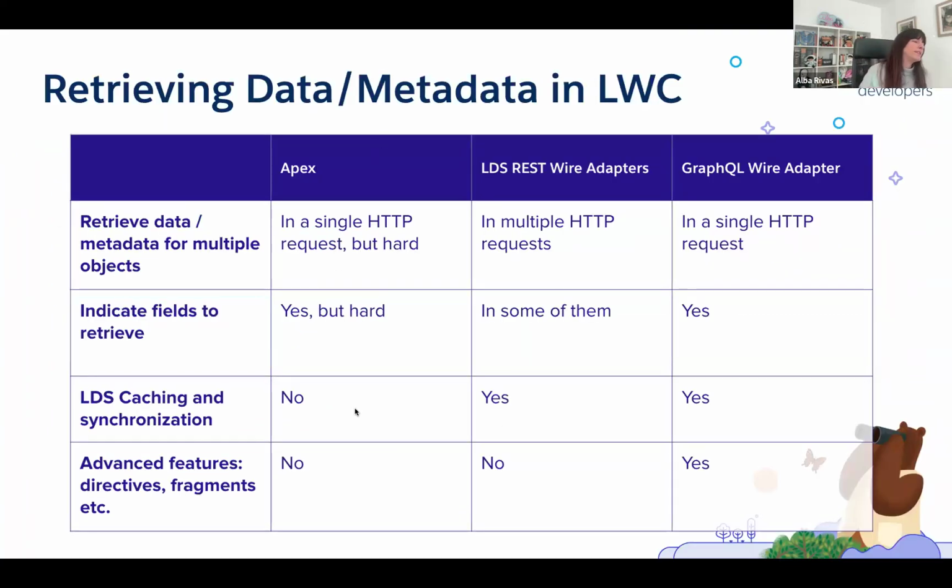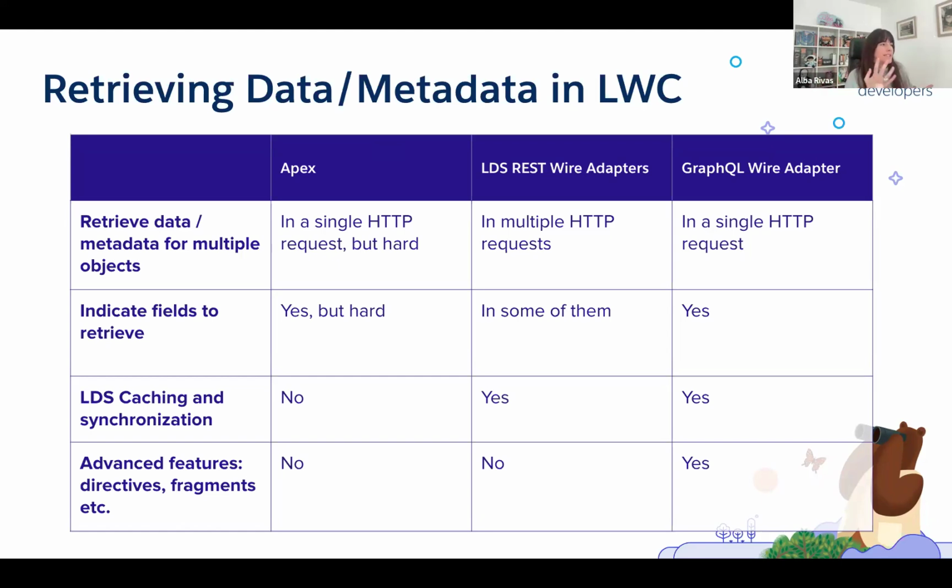This is just a comparison of the different methods through which you can retrieve data in LWC as of today, okay? Apex is the most basic one. It allows for a lot of customization, but at the same time, you need to code a lot to get an Apex method exposed, and probably the next time that you need to perform a different query, you need to create a new method and expose it as well.